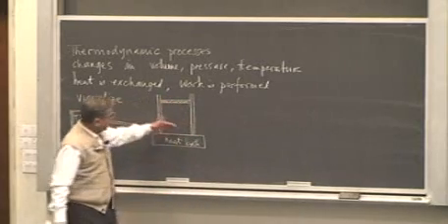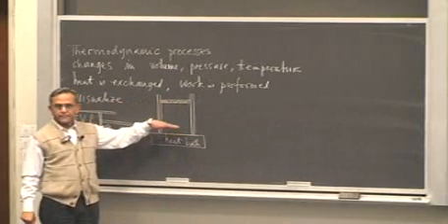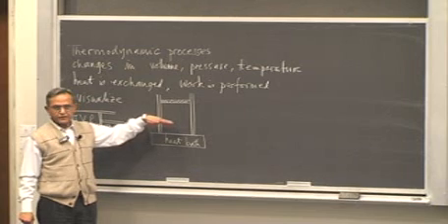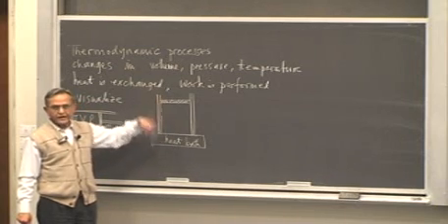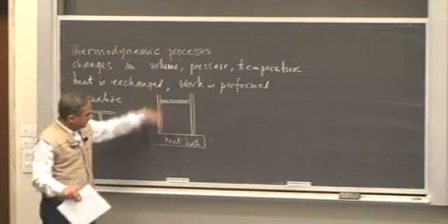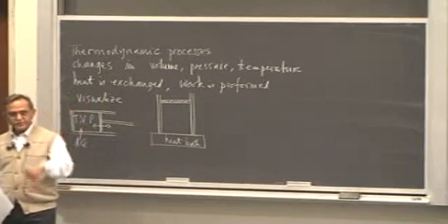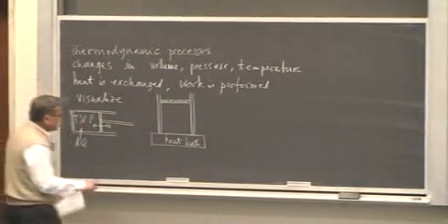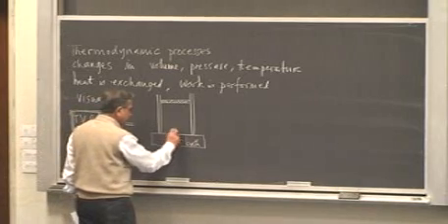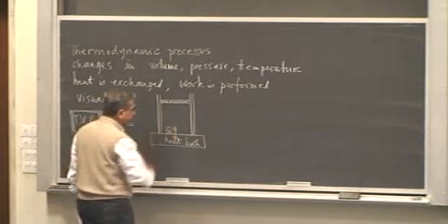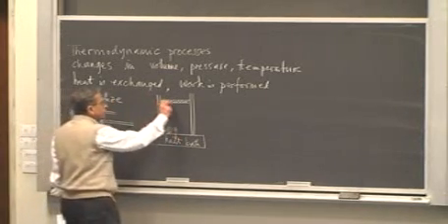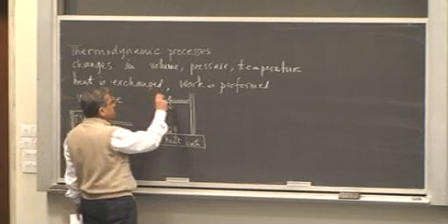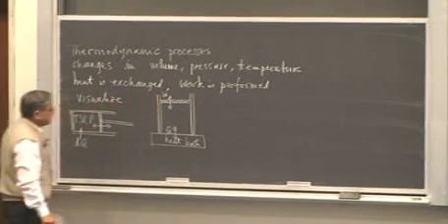The surface connecting with the heat bath is conducting so that heat can flow in and out. Heat can be given to the heat bath, heat can be taken out of the heat bath. So this is a source of heat going in and out. And the piston moving up and down is the work that the system does.